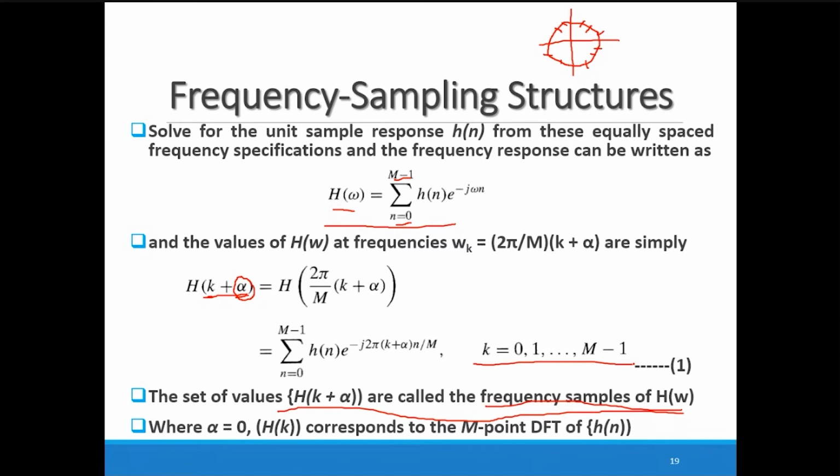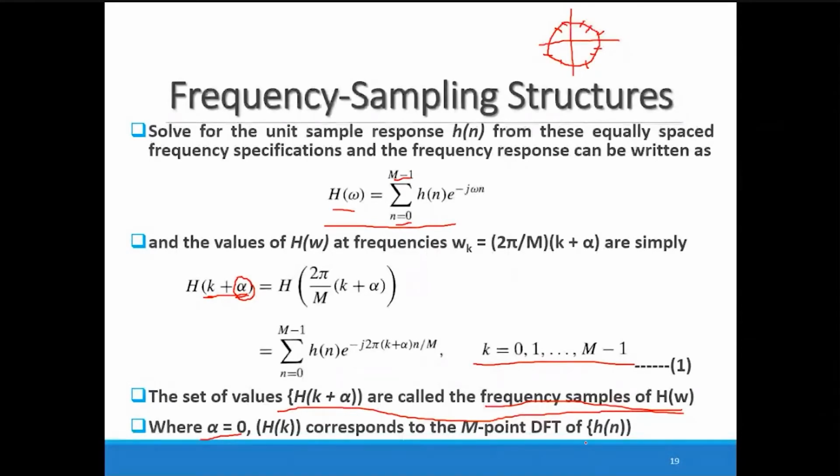If I ignore alpha, or take alpha equal to 0, then I get a direct relation between this equation and the equation we derived earlier, that is the M point DFT of h of n.